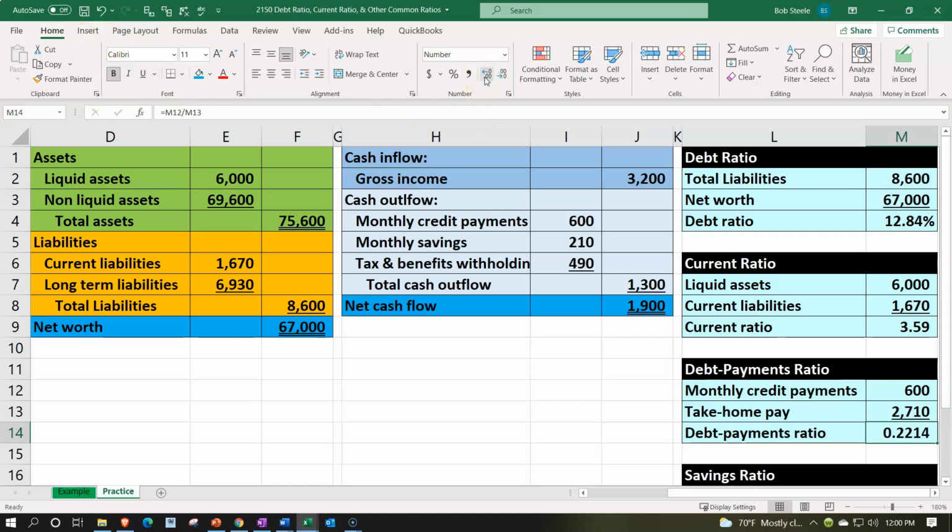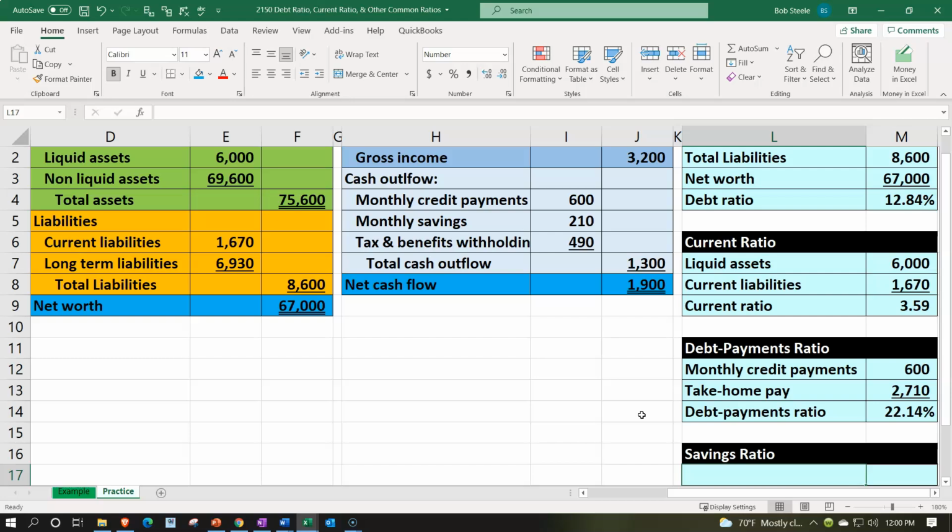So you could see from a banking side of things, if they're trying to give you a loan or something like that, they could say, okay, let me compare the payments that you're making, $600, compared to your spendable cash after the deductions and everything that's taken out by your employer, your withholdings, and that comes out to 22.14. This might be a good percent calculation. Let's go to the number group and make it a percent. 22.14% of your take-home pay would be going to the loan payments.